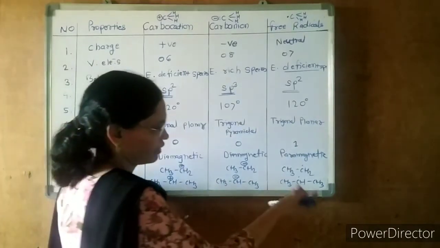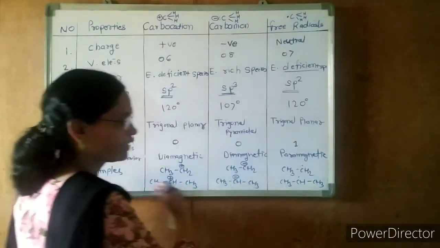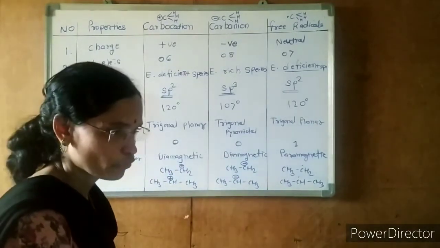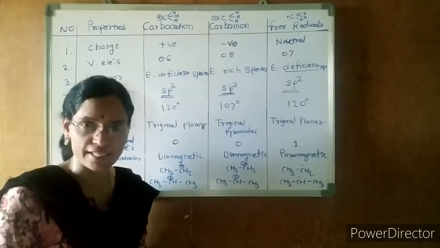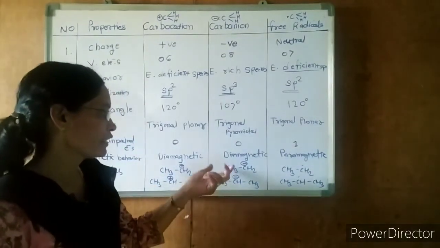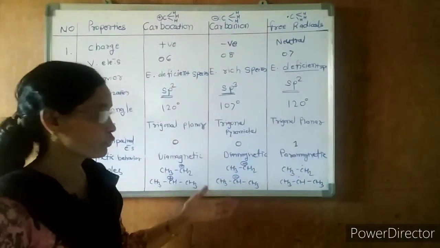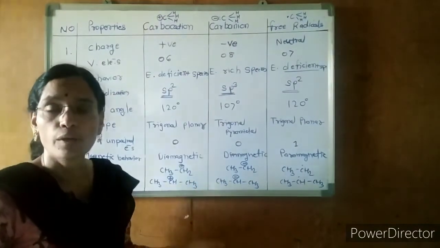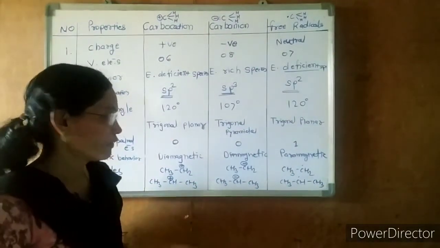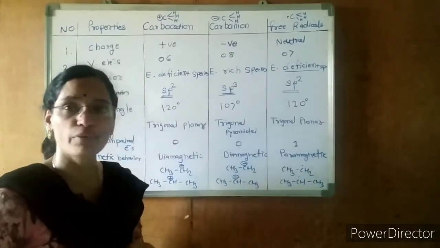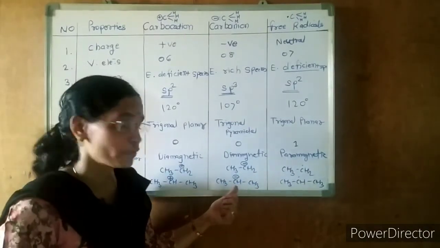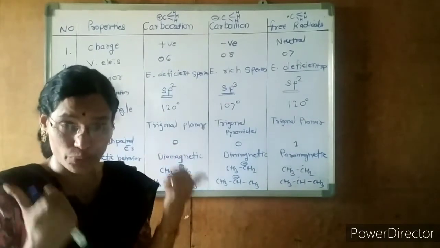The same thing applies in all these examples: primary carbocation, secondary carbocation, tertiary carbocation, etc. The same is true for the carbanion: primary carbanion when the carbon bearing the negative charge is linked with only one carbon atom, and secondary carbanion when it is linked with two other carbon atoms.